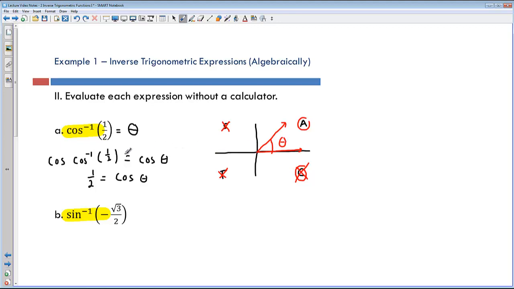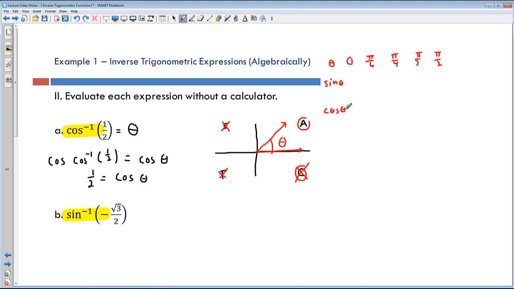And then to figure out what theta is, we can use that reference table. So let's make that reference table to practice it. So you have 0 radians, pi over 6, which is 30 degrees, pi over 4, which is 45 degrees, pi over 3, which is 60 degrees, and then pi over 2, which is 90 degrees. And we want to make sure we know the sine of our angle, and then also the cosine of our angle.